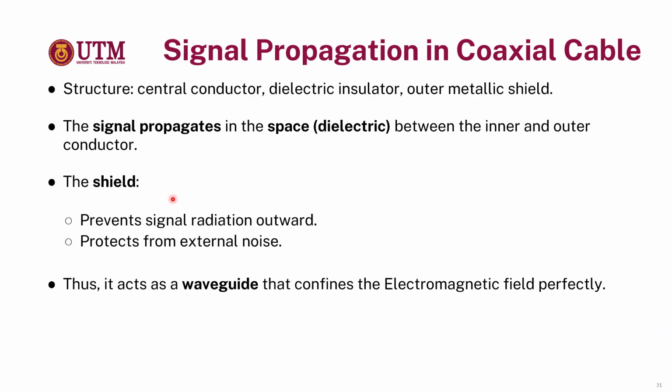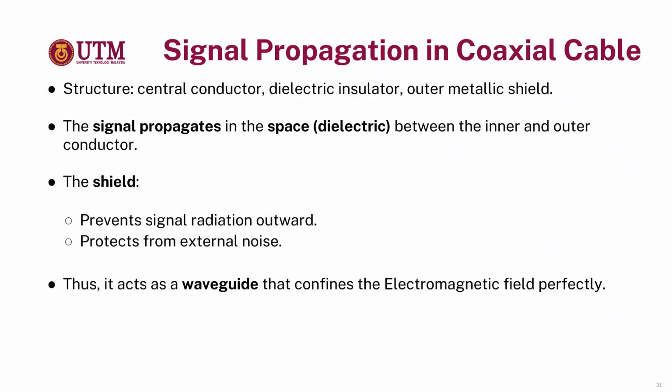So our shield plays two important functions: to reduce the signal leakage in terms of radiation outward, and to protect our transmitted signals from being disturbed by external noise. Thus it acts as a waveguide, confining the electromagnetic field perfectly. So twisted pair, coaxial cable, and optical fiber are types of guided communication systems.